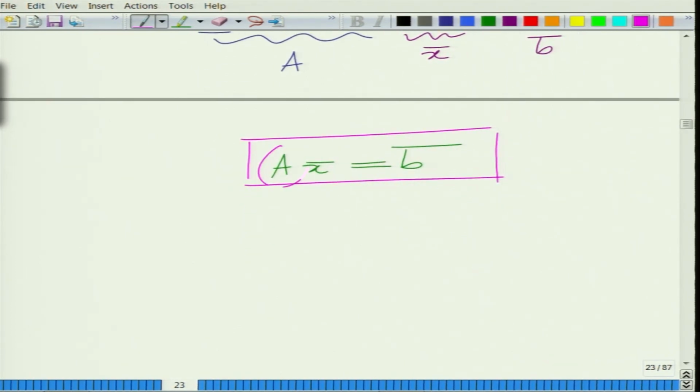This is your n cross n square matrix, the simplest formulation where you have a square matrix. Now, what happens when the matrix is not square? Then the problem becomes more interesting, right?